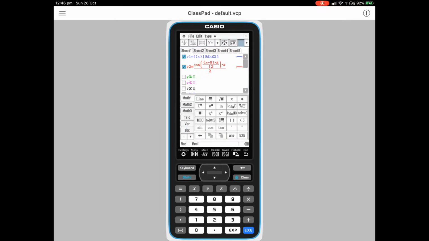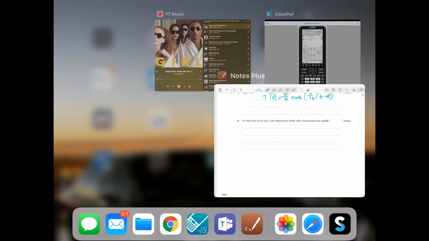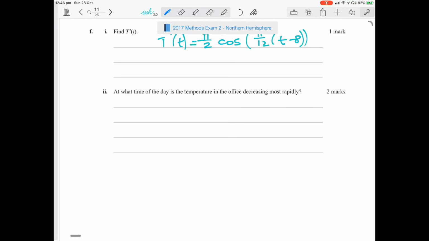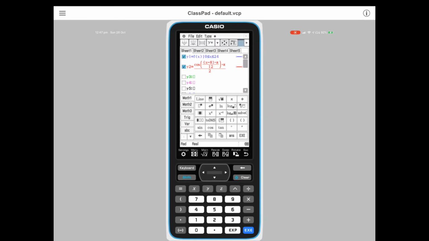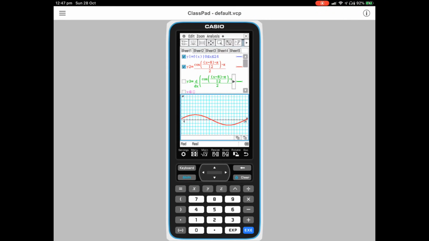Let's derive it again. At what time of the day is the temperature in the office decreasing most rapidly? So we want when it's got its steepest gradient, which is when the second derivative equals 0. So d dx of that, when does it equal 0?